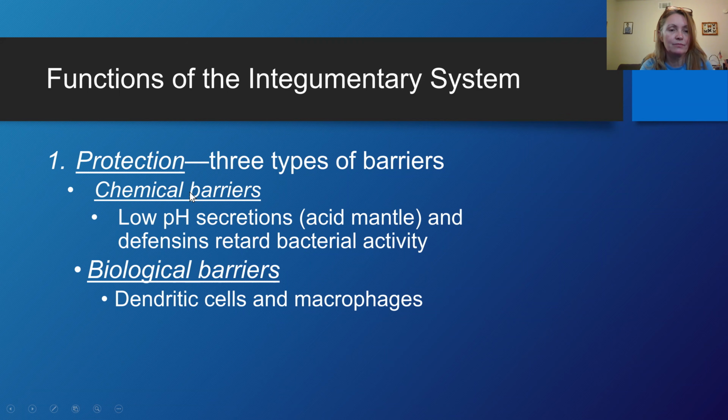Your skin is also a biological barrier because you have dendritic cells and macrophages that are part of your immune system. Those are your white blood cells. White blood cells can differentiate into different cells like dendritic cells and macrophages, and this protects you from bacterial infection.